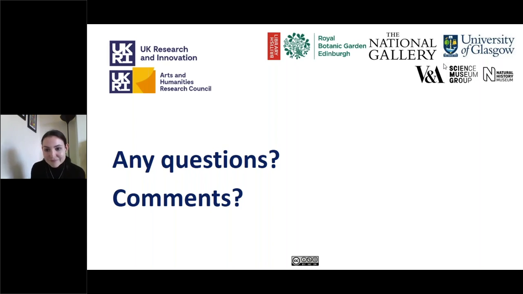The first question we've got in is whether a PID can cover both the original physical item and its digital surrogate, or should these have distinct PIDs? I think the answer would really boil down to what use cases you have. It's definitely possible to have a persistent identifier for each.